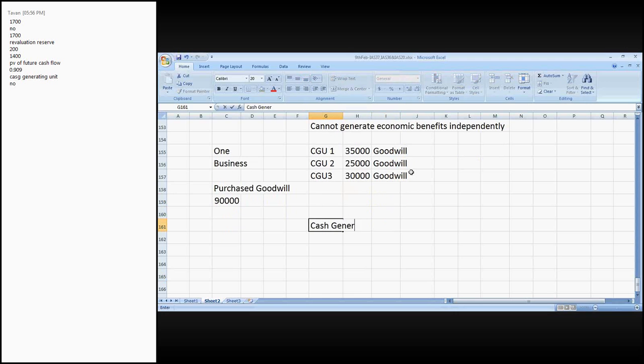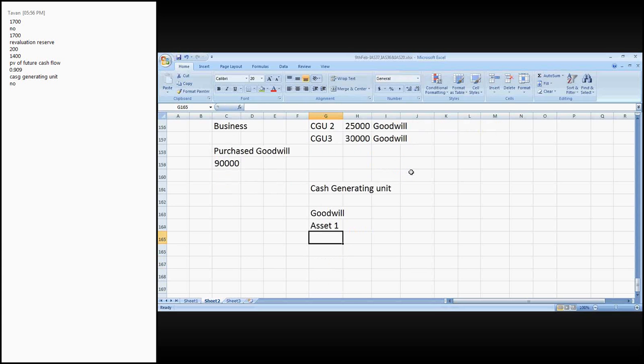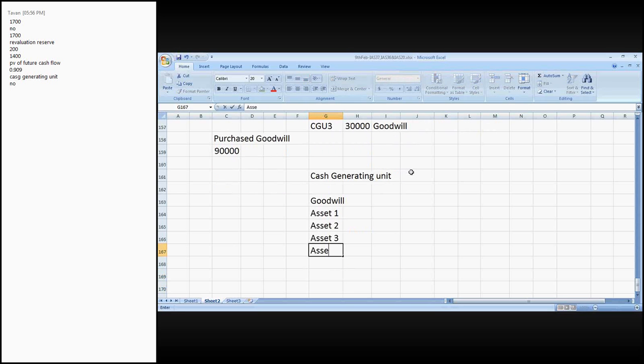So the cash generating unit we talked about will look like this. It will have goodwill, it will have asset 1, asset 2, asset 3, asset 4.